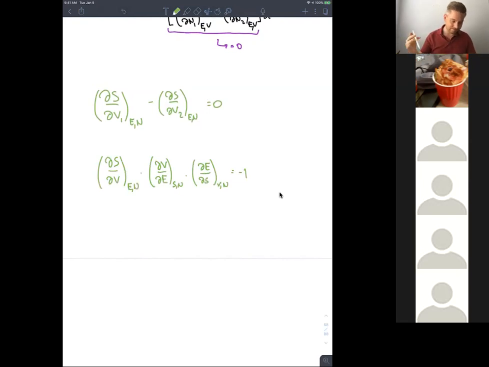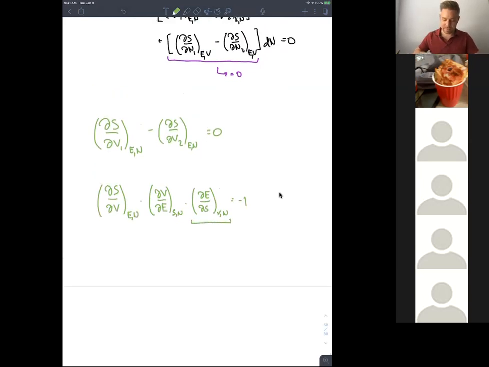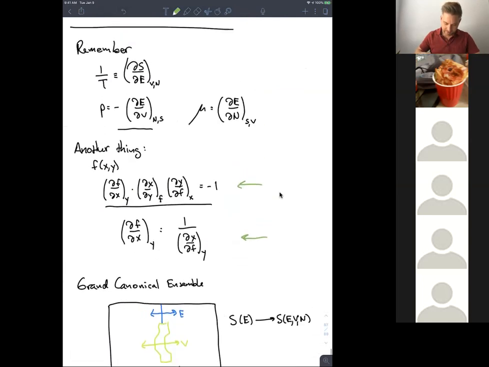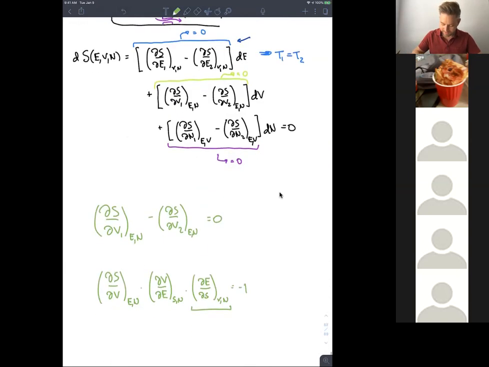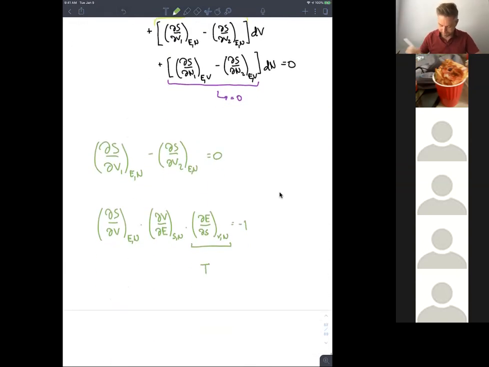Now, this dE ds right here, if you look right here, that's the temperature, right? So this last one is just the temperature.